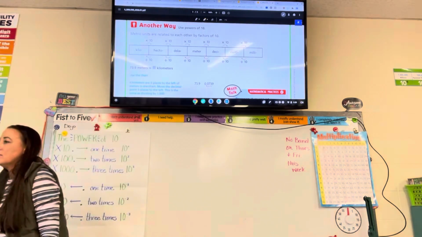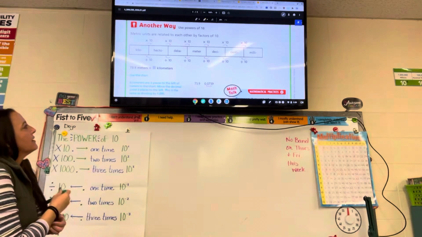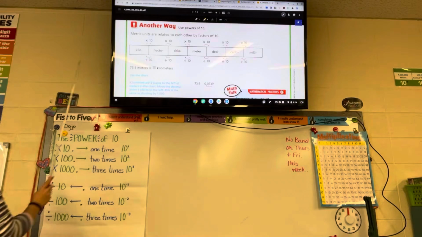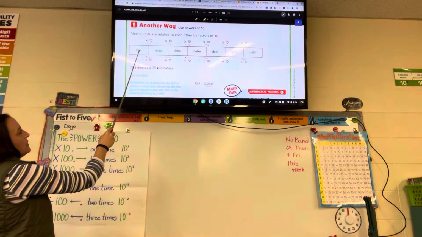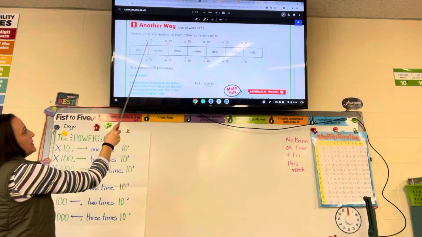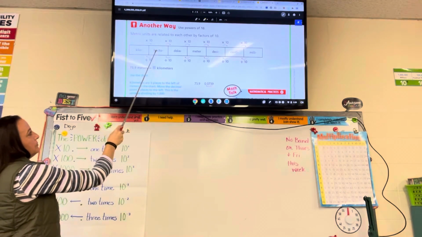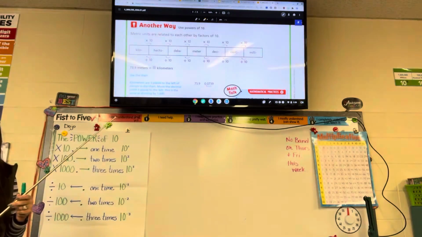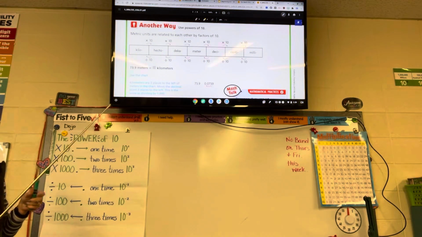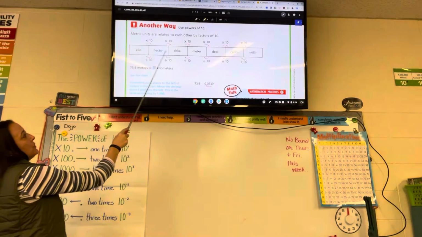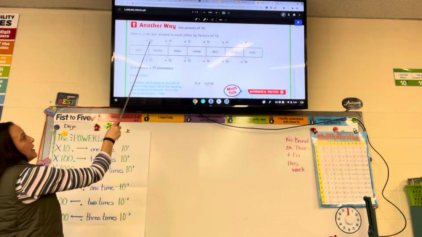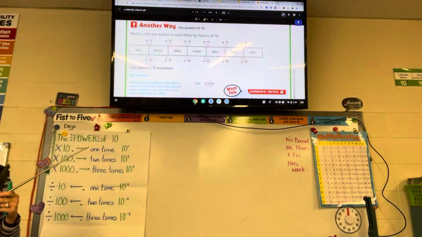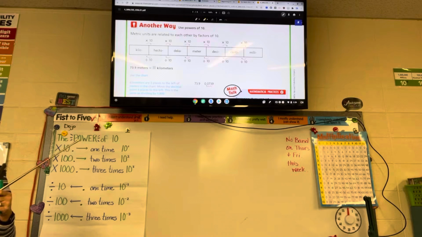Here's the thing, if you're going from a larger unit to a smaller unit, you multiply by 10. If you're going 2 units smaller, eyes up here please, then you multiply by 10 and then 10 again, which is equivalent to multiplying by what? 100.